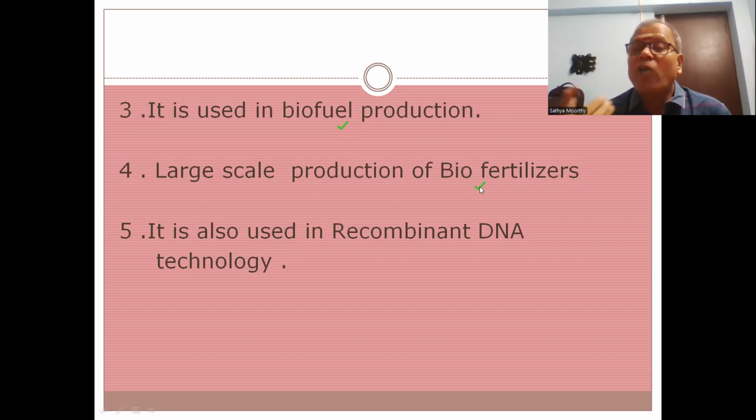Fertilizers of biological origin are known as biofertilizers. Acetobacter, Clostridium, Rhizobium, like that, we can produce in large quantities. And it is used in recombinant DNA technology. By using recombinant DNA technology, we are producing human insulin in the fermenter. That insulin is called Humulin, used to treat diabetes. So all these things are the uses of biotechnology to us.